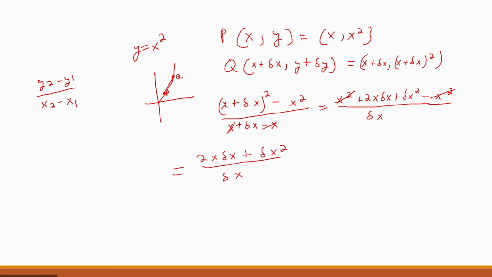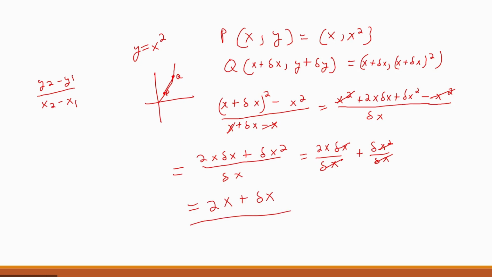Let me just rewrite it in a different form, which is going to be 2x small change in x over small change in x plus small change in x squared over small change in x. Now I can cut this out, this and this out. So what I'm left with is 2x plus small change in x. This is what I'm going to get as the gradient.